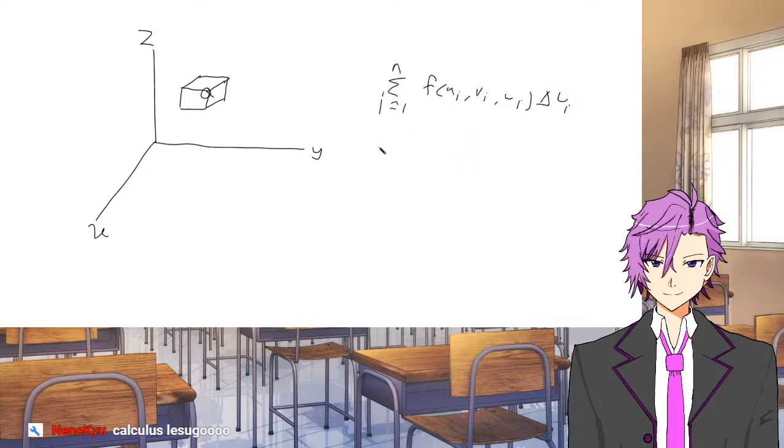So delta V_i, and then the region bounded by this Q over here would be Q, using a curly bracket.